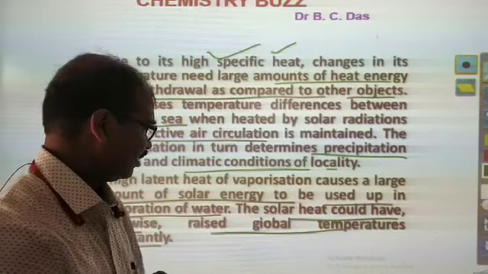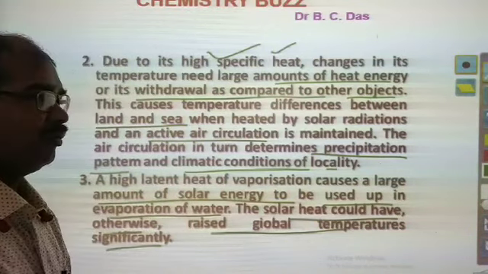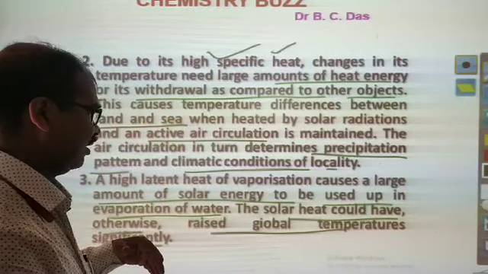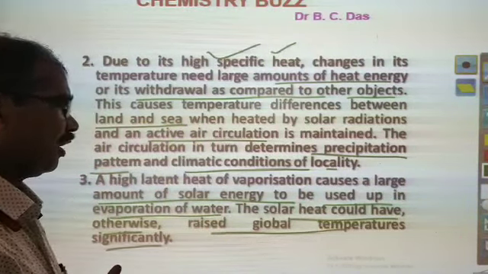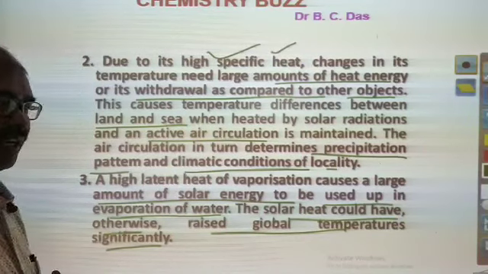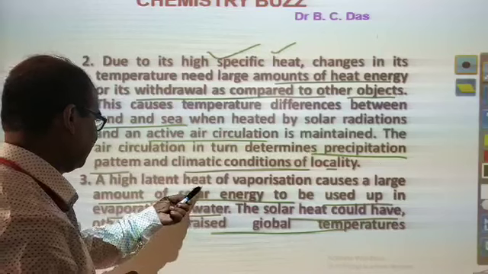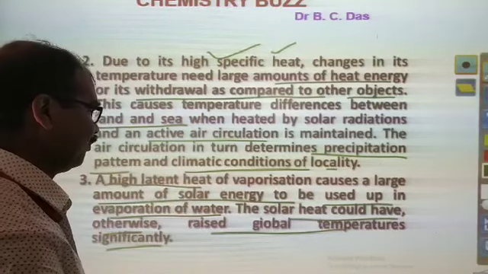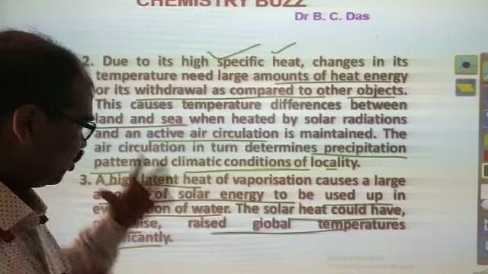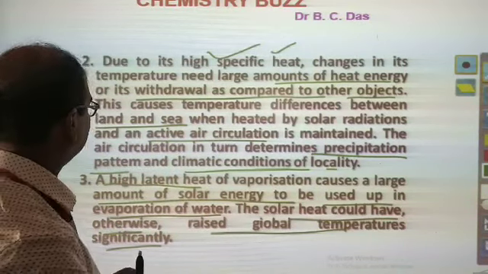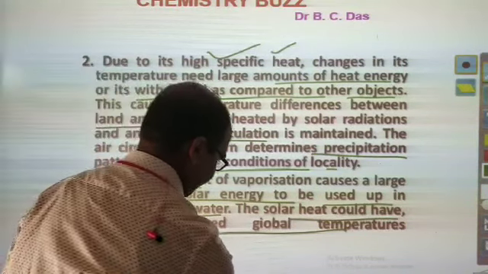Had the latent heat of water been less, there would be more global temperature rise. Because of the high latent heat of water, most of the solar heat is absorbed and it maintains the temperature of the earth.